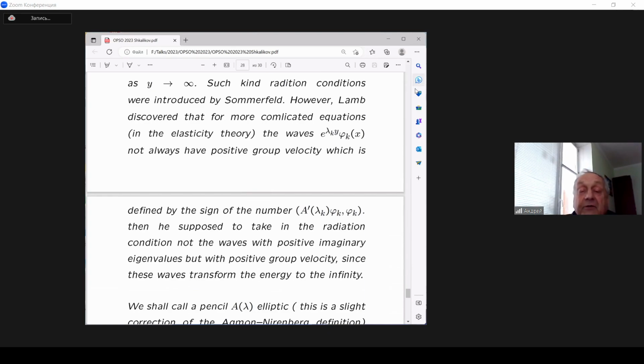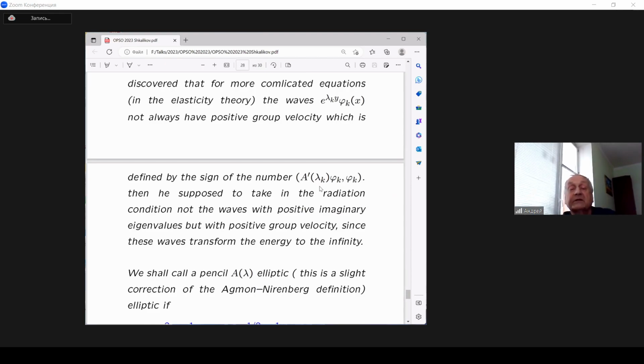And for the Helmholtz equation, certainly, positive imaginary eigenvalues correspond to the evanescent waves with positive group velocity.